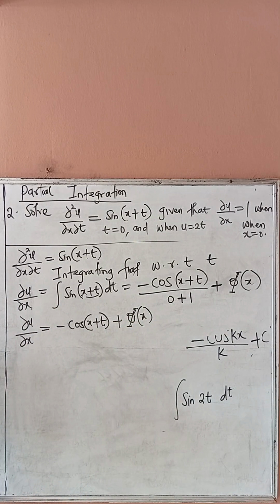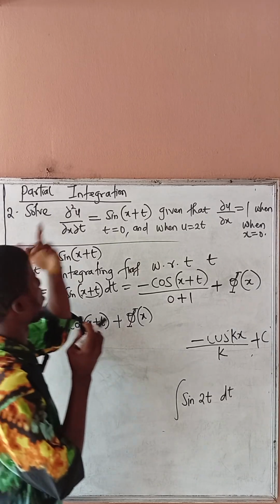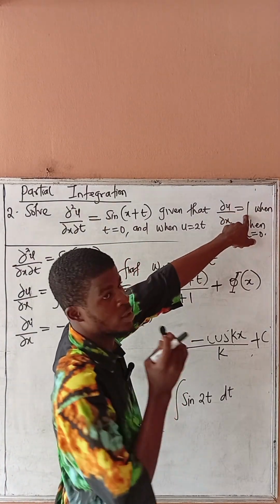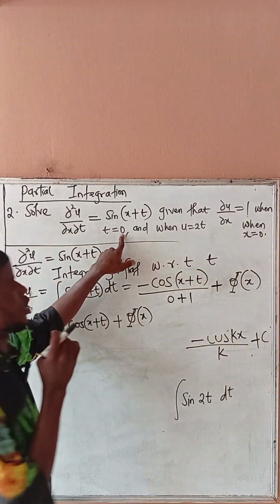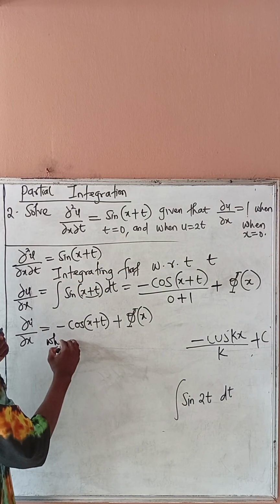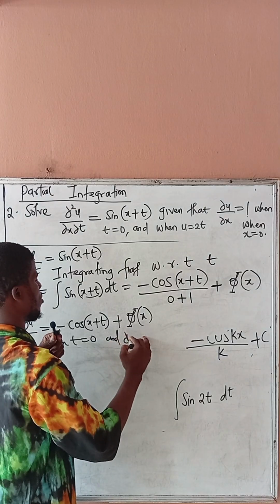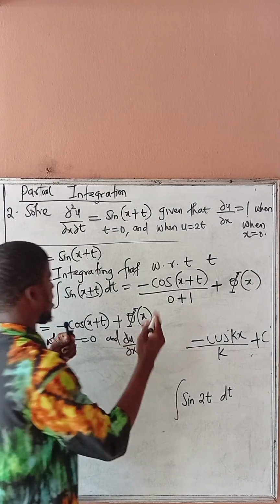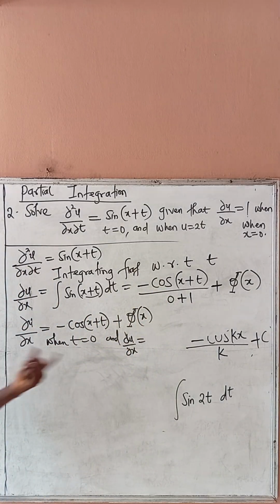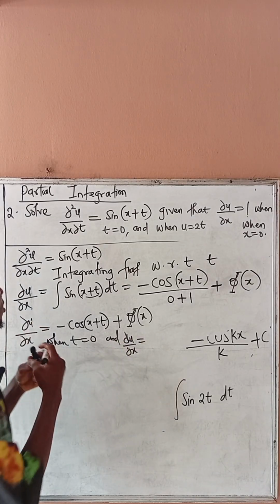Okay. Then I'm going to apply the boundary conditions. I need partial u partial x and I need t. So partial u partial x is 1 when t is equal to what? 0. So I'll say when t equals 0 and partial u partial x, it is the partial derivative of u with respect to x.